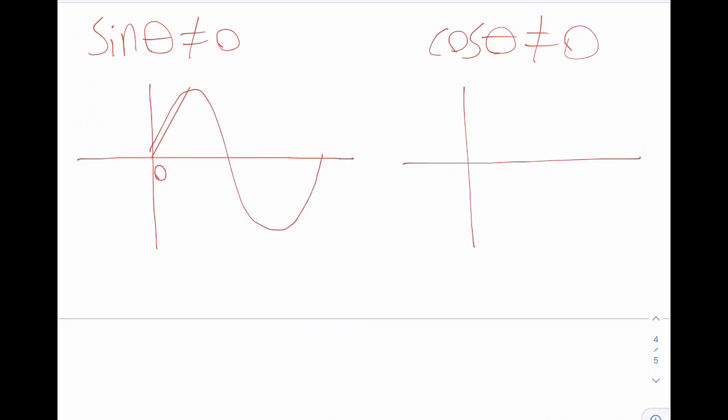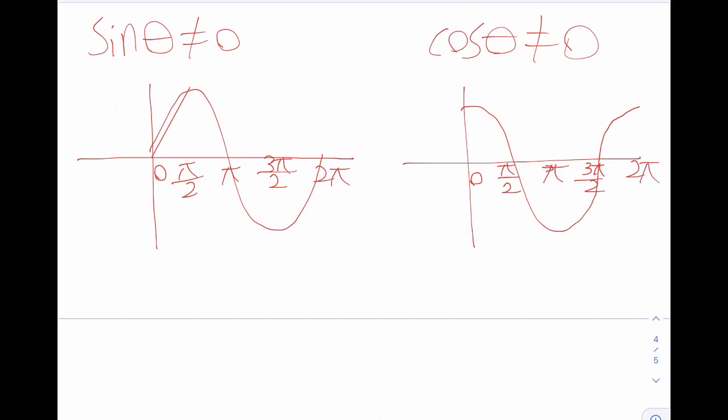So this will be 0, this will be pi over 2, this will be pi, this will be 3 pi over 2, and this will be 2 pi. And our cosine function will start here and go like that. This will be 0, this will be pi over 2, this will be pi, this will be 3 pi over 2, and this will be 2 pi right here, guys.